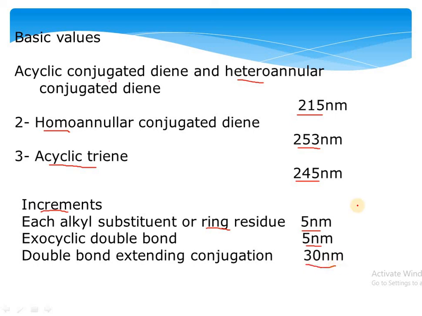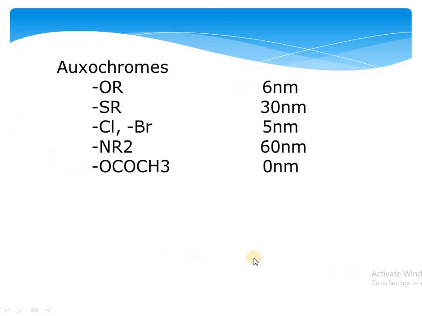So these are the base values for a compound, and these are the increments that have to be added if these groups or conditions are present. If an OR group is present, then we will add 6 nanometers, etc. And if an SR group is present, then we will add 30 nanometers more.